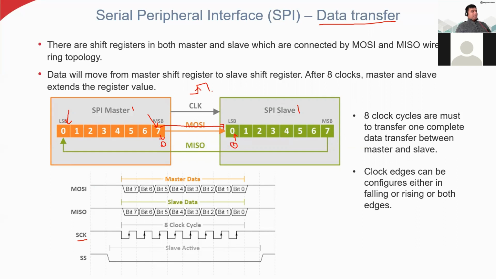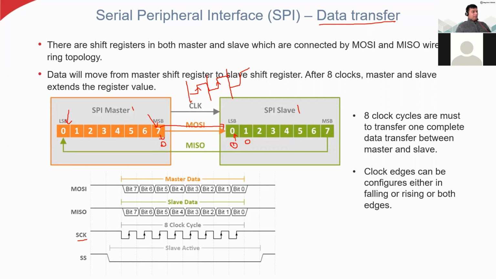This is the first clock cycle. Maybe I put it on the rising edge. Then the second clock cycle, the second rising edge, and then the third clock cycle. For each clock cycle, 1 bit will be transferred. So this bit will be moved to the next register. Now this register is empty.